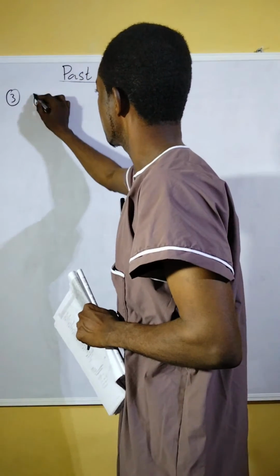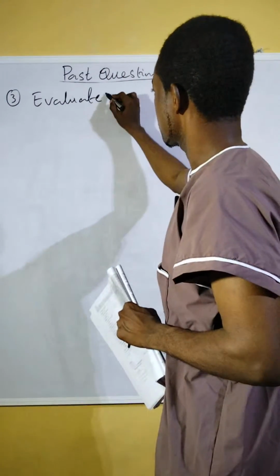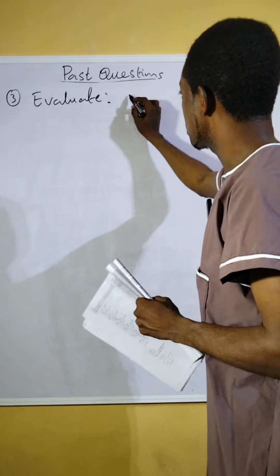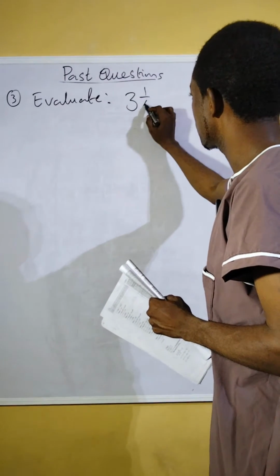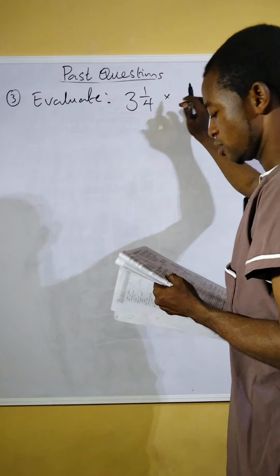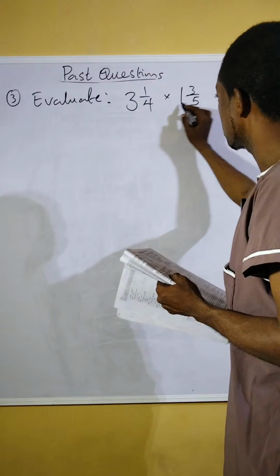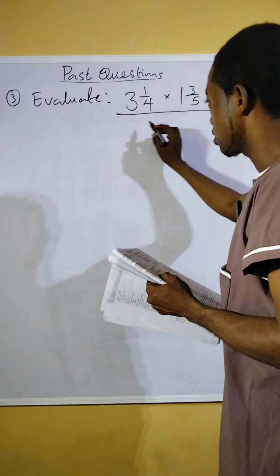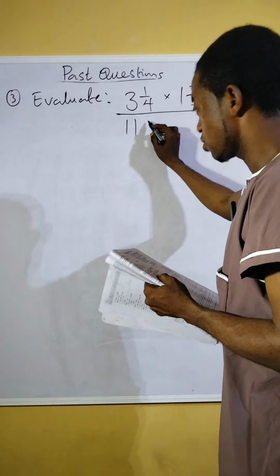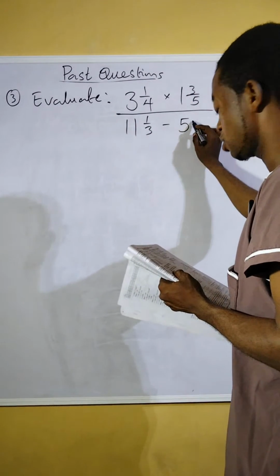So evaluate three whole number 1 over 4 times 1 whole number 3 over 5 divided by 11 whole number 1 over 3 minus 5 whole number 1 over 3.